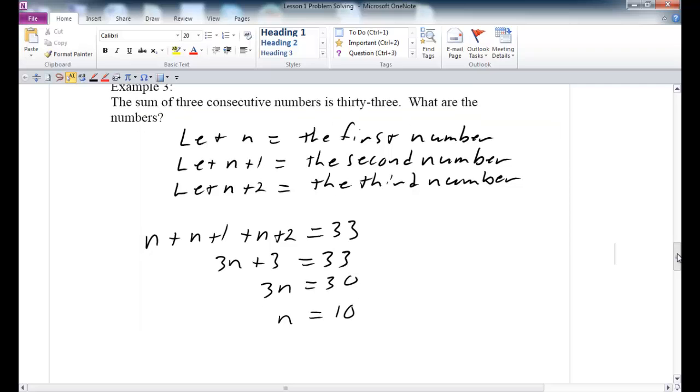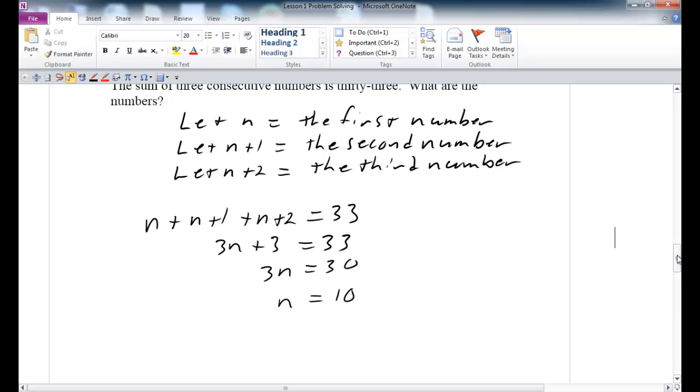So if n was 10, that was the first number. The second number was 10 plus 1, and the third number was 10 plus 2, and the sum, 11 of course is 10 plus 1, and 12 is 10 plus 2, and the sum of these 3 numbers was 33. And you can see that 10 plus 11 plus 12 is 33. So we've done it correctly.